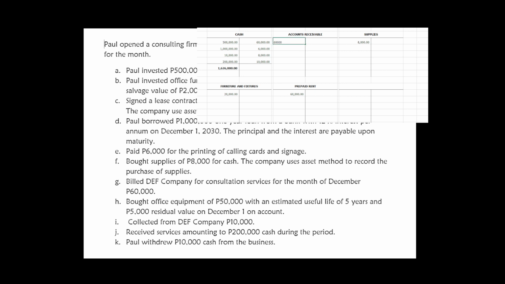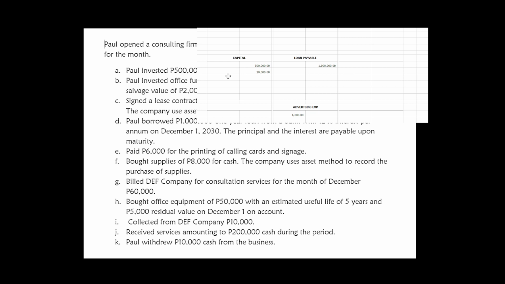And then, credit tayo ng, for consultation services, ibig sabihin, service revenue ng 60,000 pa din.